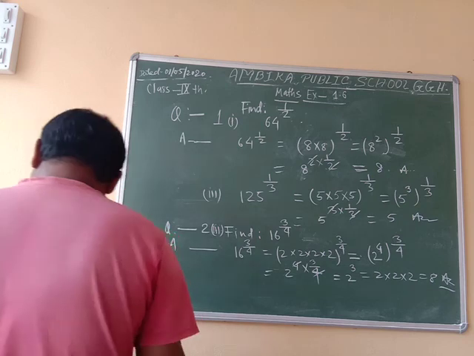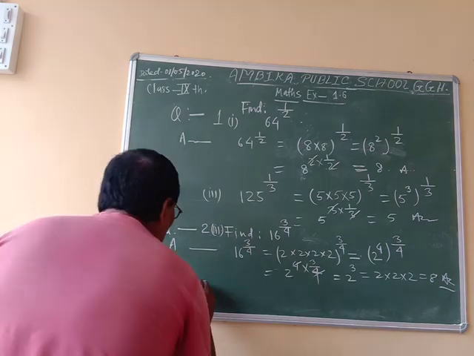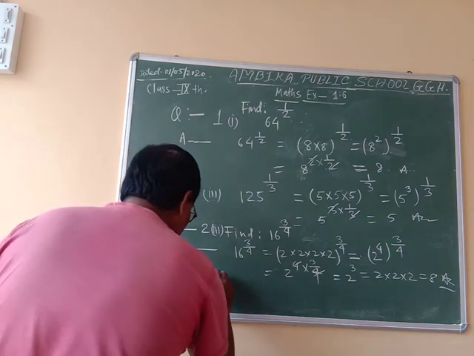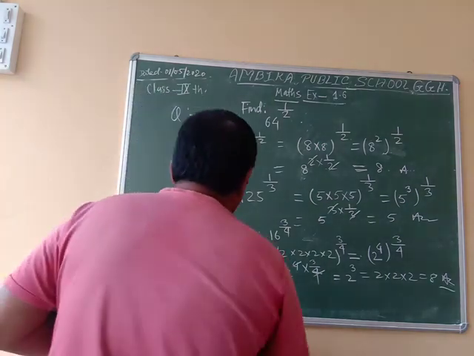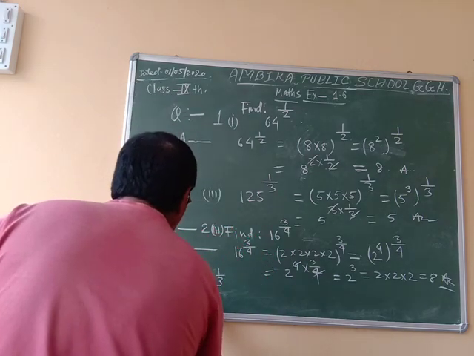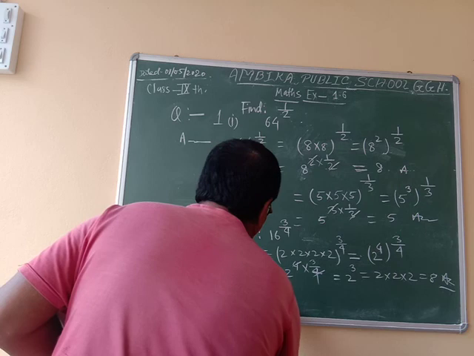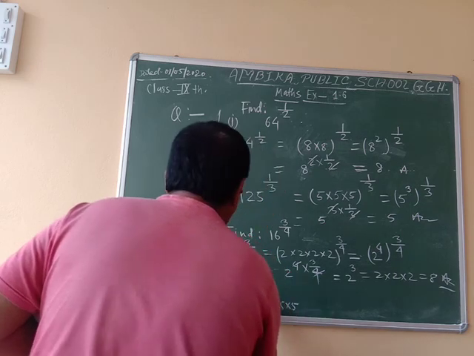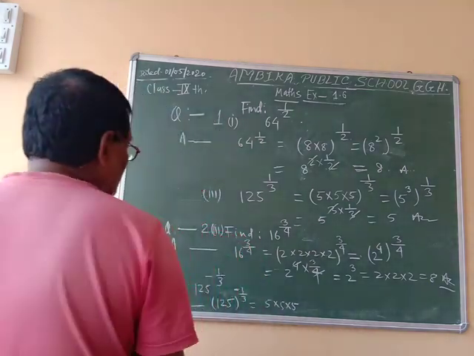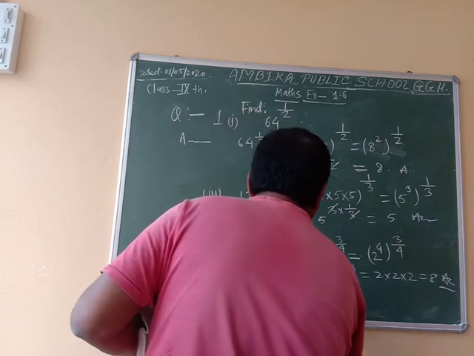Here is question number 4. Find 125 to the power minus 1 by 3. 125 is 5 into 5 into 5, to the power minus 1 by 3.